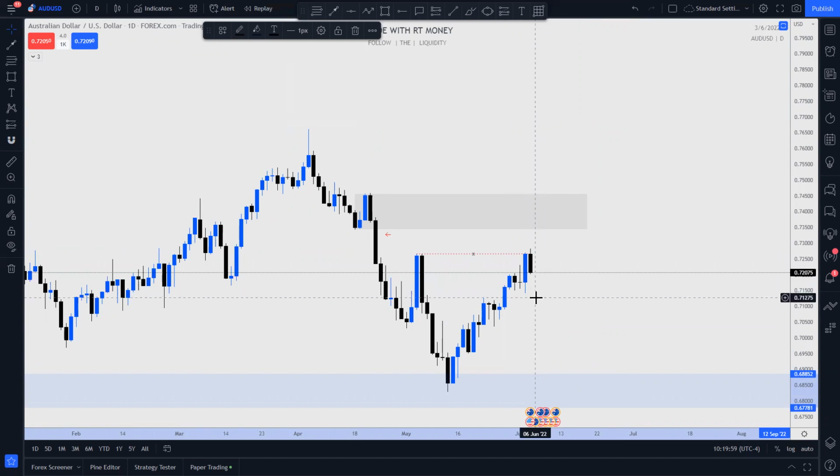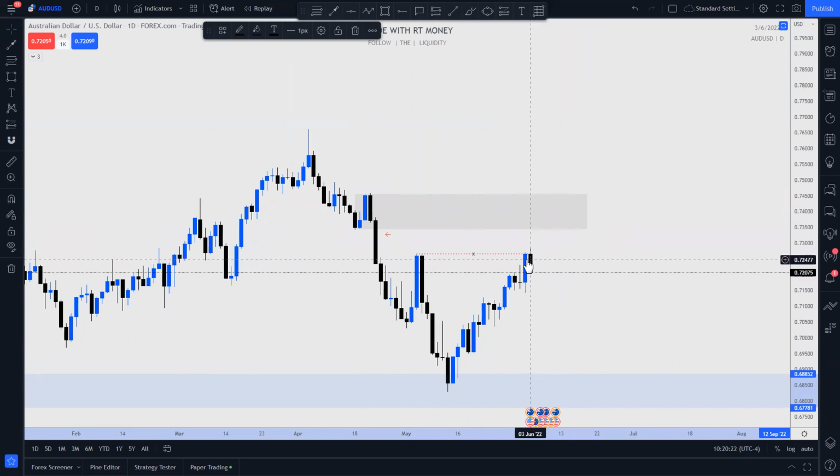And what I'm trying to figure is where would it turn? There is an unmitigated zone of supply up here, and it's imbalanced. So I'm definitely looking for price to come up here.